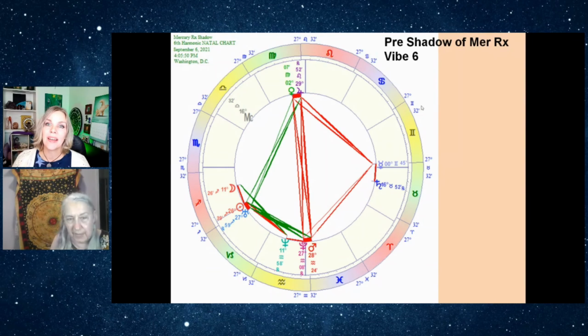Absolutely. Let me explain why. This is a 6th vibration, and this is a sextile in the 6th vibration. So a sextile in the 6th vibration kind of almost doubles the 6th vibration energy. It makes it a 36 instead of a 6.